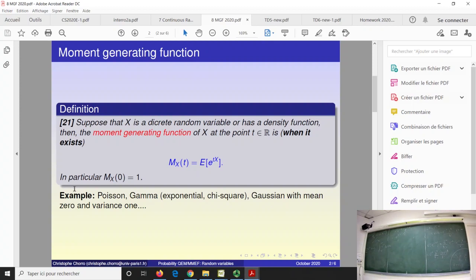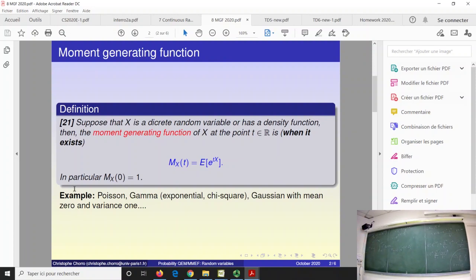So the moment generating function of a Poisson is this one. Do you agree? Nothing new, I just use a trick that we have already used in the definition of the Poisson itself.